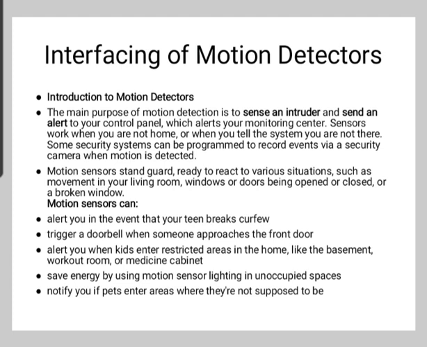The motion sensors stand guard, ready to react to various situations such as movement in the living room, or windows or doors being opened or closed. The motion sensor can alert you in the event that a teen breaks curfew, trigger a doorbell when someone approaches the front door, and alert you when the kids enter restricted areas in the home like the basement, workout room or the medicine cabinet.